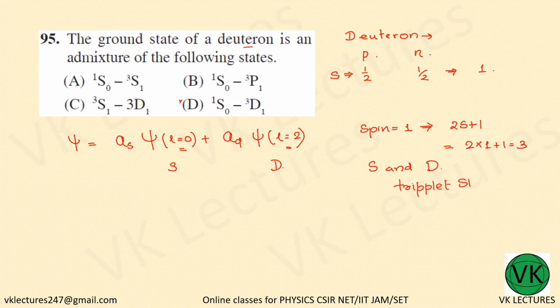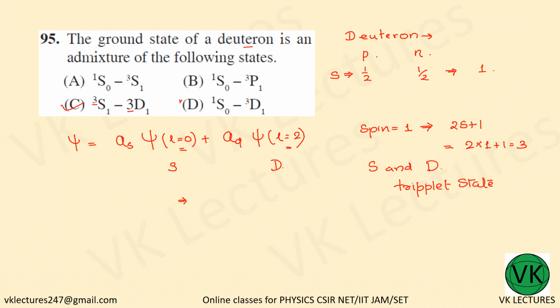Now going back to the options, the only option that gives the triplet state of S and triplet state of D is option C. So the option is option C.